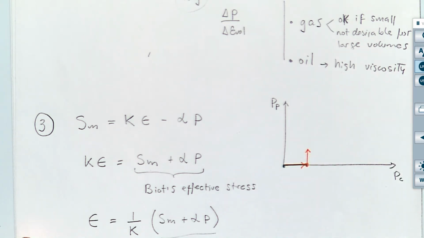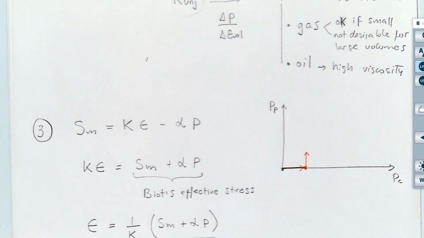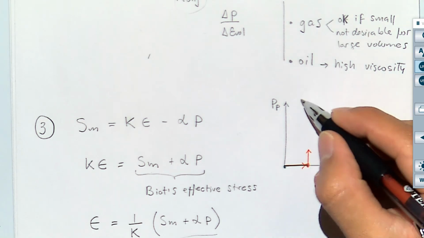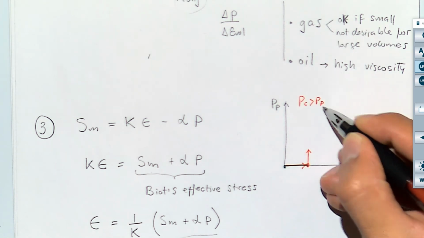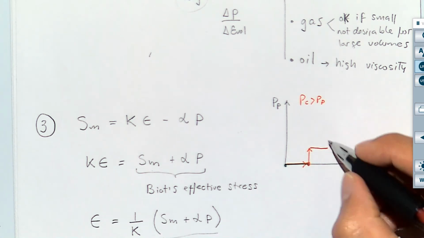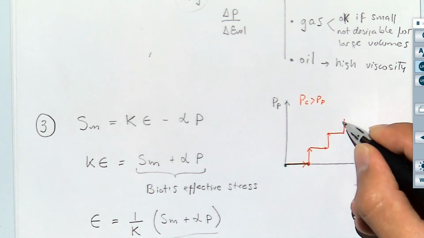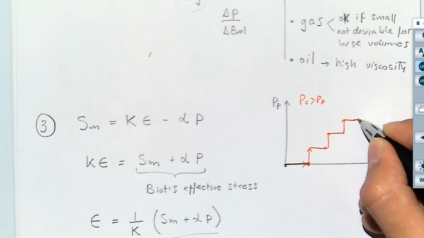You don't have to increase the pore pressure over the confining pressure, because otherwise your fluids are going to escape out of the rock. So always confining pressure has to be higher than pore pressure. And then you add the confining pressure again, and then the pore pressure again, confining pressure, pore pressure, confining pressure, pore pressure.